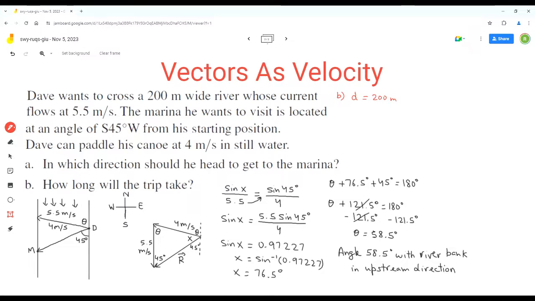So we have to find the time it will take to travel these 200 meters across the river. And next, we have to find the component of his paddle speed across the river. So for that, we have to analyze the vector for his paddle speed and find the component of that paddle speed that is across the river.